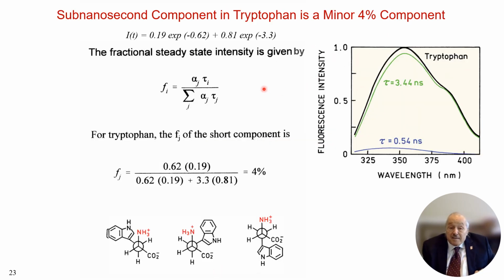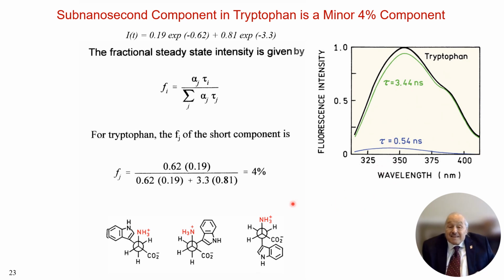I wanted to remind you that the contribution in a time-dependent decay to the steady state intensity is given by the alpha tau product, normalized by the sum of the alpha tau products. So when you use the proper equation and calculate the fractional component of the short component, it's only 4%. And if you put it on an emission spectrum scale, it's really a very minor component.